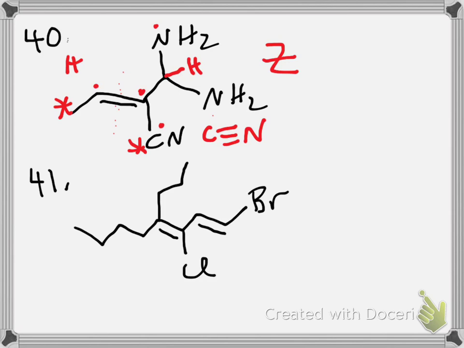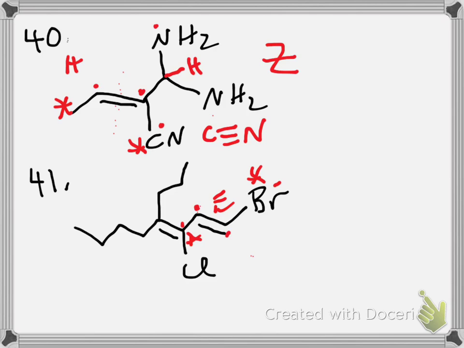So on this carbon, I have a bromine versus a hydrogen that's not shown, so the bromine gets the higher priority. On this carbon here, I have a hydrogen that's not shown versus a chlorine, so this gets the higher priority. So this first carbon-carbon double bond is E.